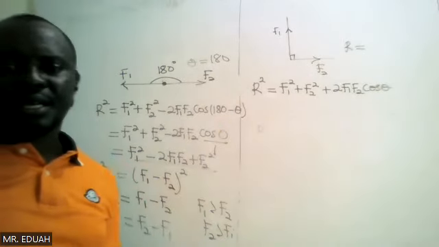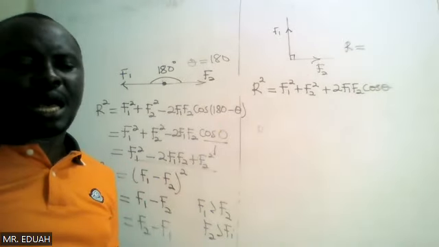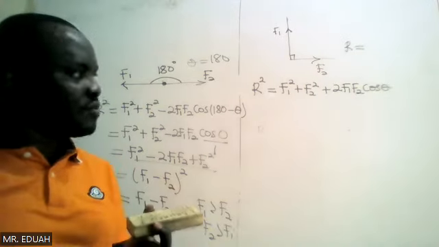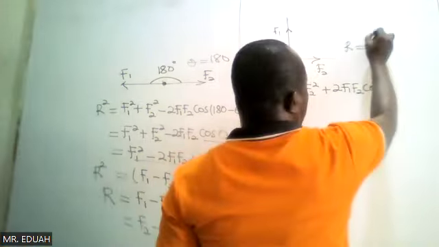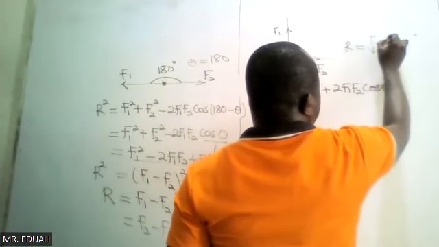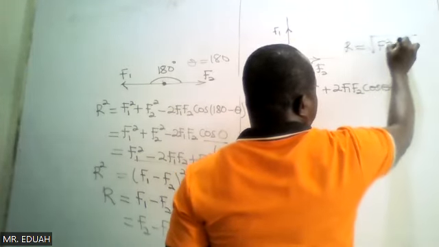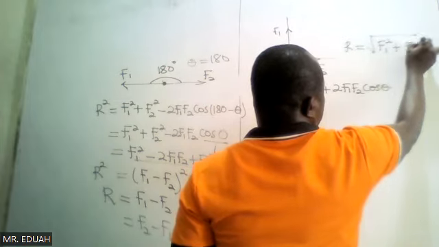If they are perpendicular, R will be equal to the root of F1 squared plus F2 squared.